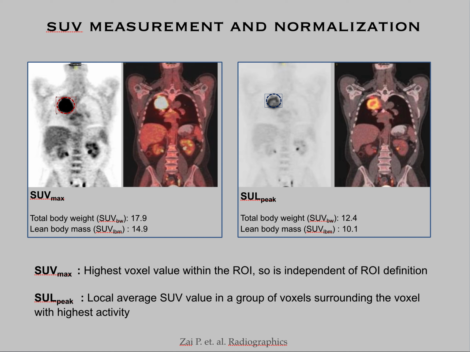So these are some examples of SUV measurements and normalizations. In the images on the left, we're measuring SUV max using total body weight, 17.9, and when we adjust for lean body mass, it's 14.9. When we're measuring SUL peak, the total body weight is 12.4 and lean body mass is 10.1, and as we expect, SUL peak is going to be smaller than SUV max just because it's an average and not the hottest.